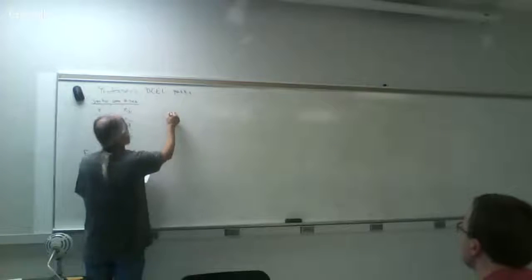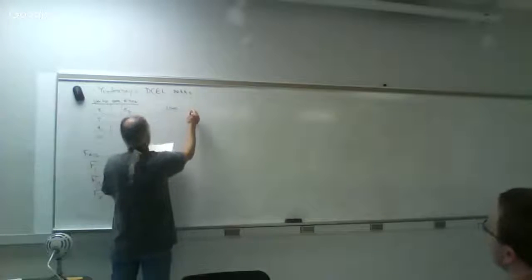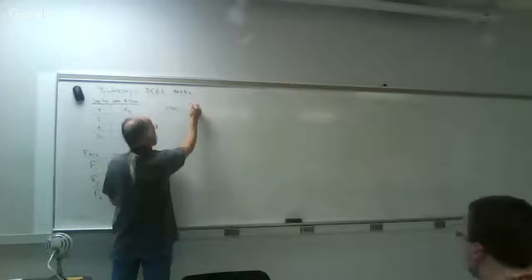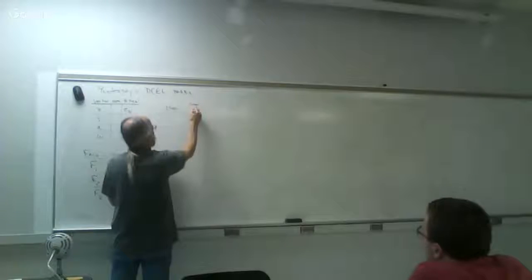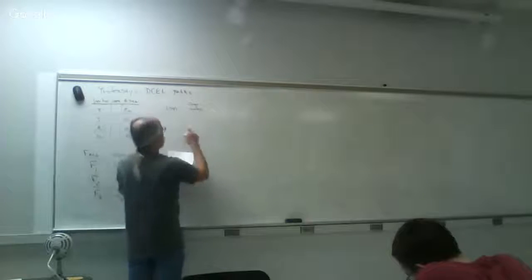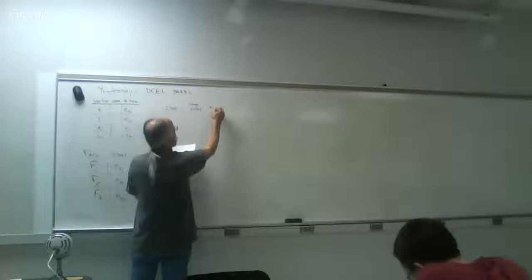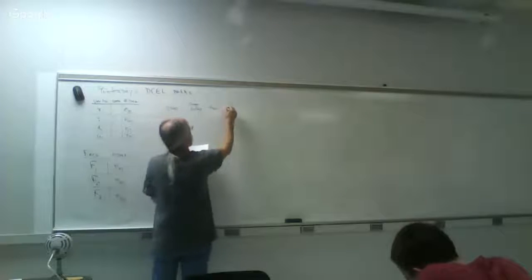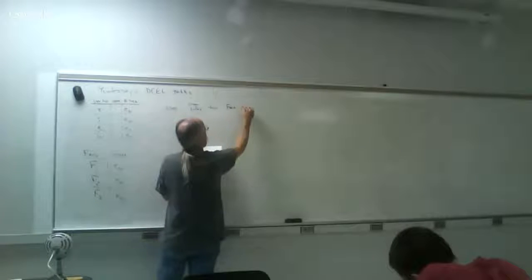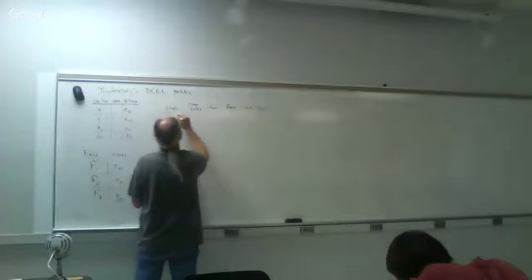So the edge table looked like we had the edge, the origin vertex. We're talking about the half edge table here, so this would be the origin of that half edge, the twin half edge, the face associated with it, the next half edge, and the previous half edge.